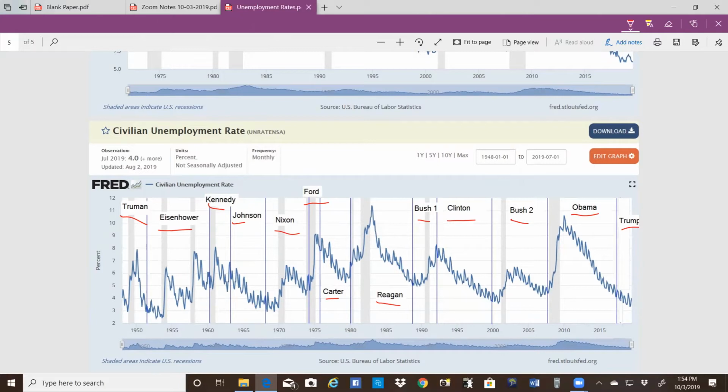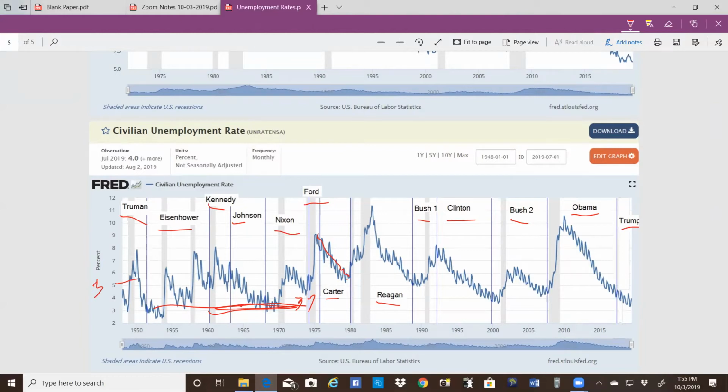But notice back under Johnson, the unemployment rate was like 3%. Carter had some problems, and it finally got down to 5%.